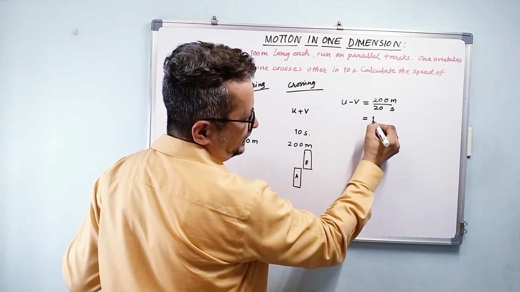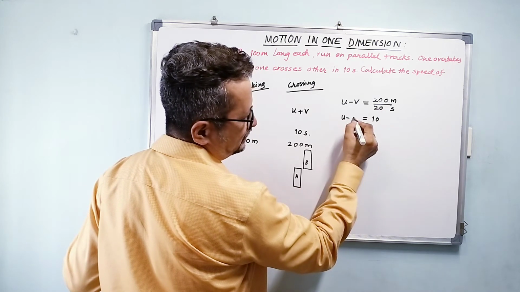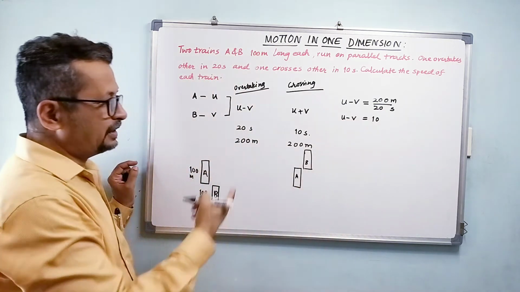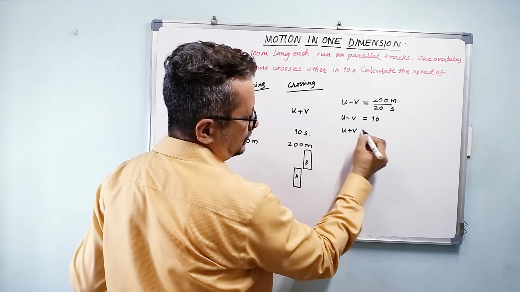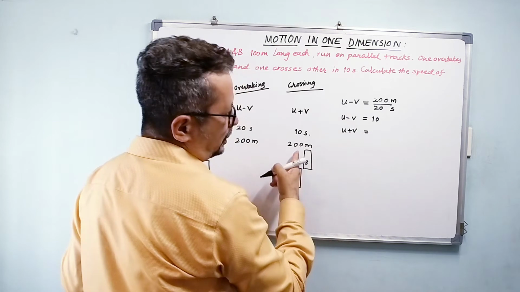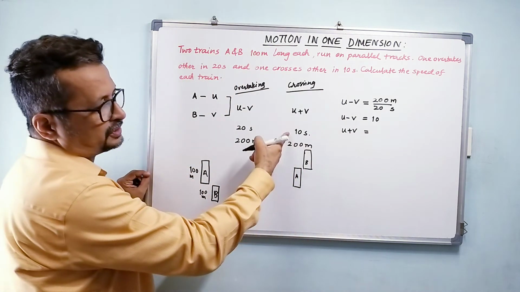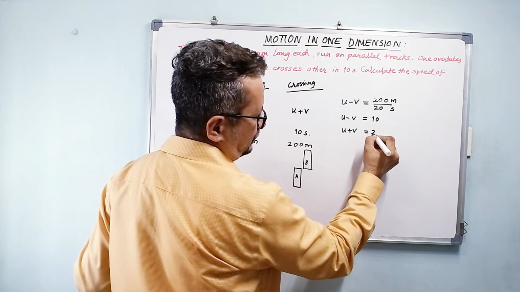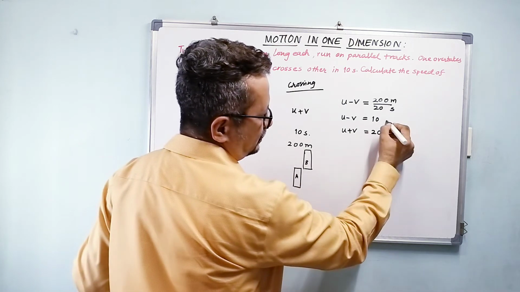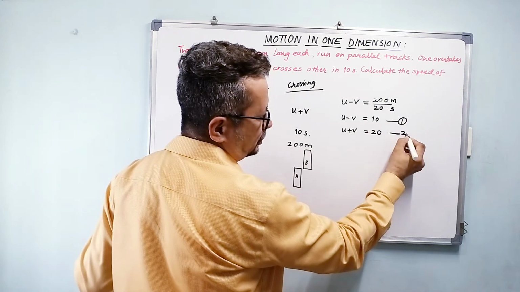That would be equal to 10. So u minus v is equal to 10. And what about this? u plus v is going to be equal to 200 upon 10. So isn't that 20? So this is my number 1 and this is number 2.